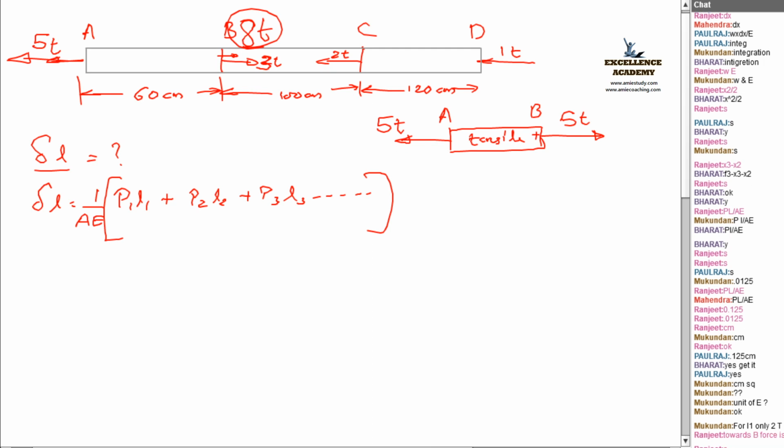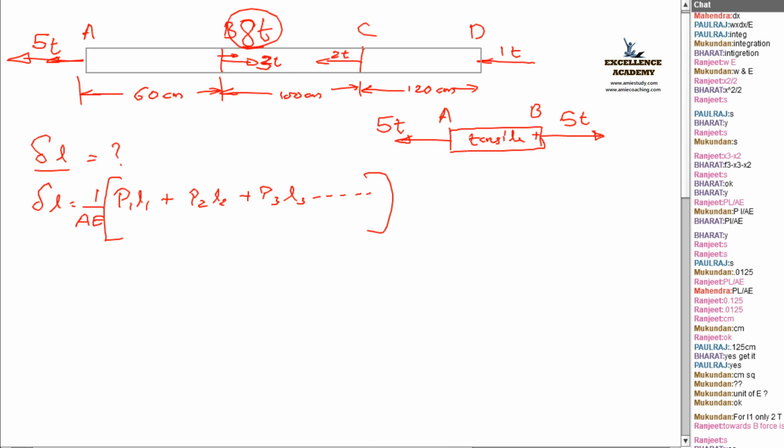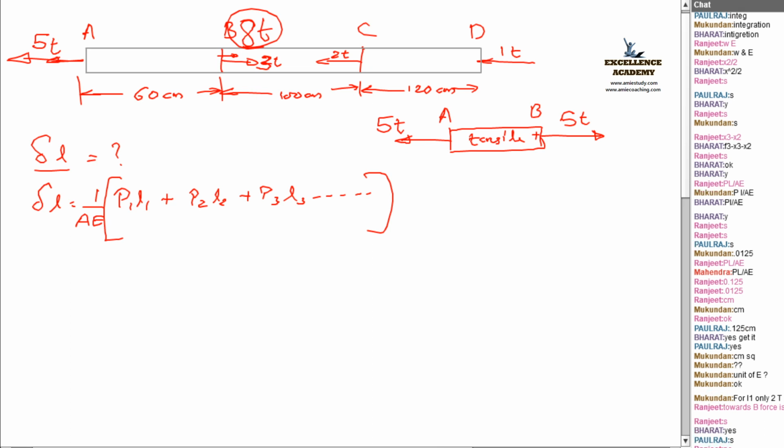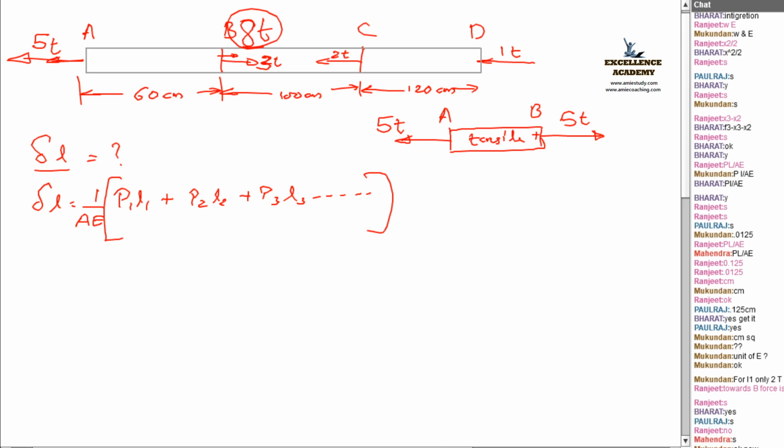That means 5 ton must act in this direction at point B, and hence 5 plus 3, totally 8 ton is acting at point B. Agreed? Not agreed. Mugundan, clear? Not clear. Okay, I shall explain.